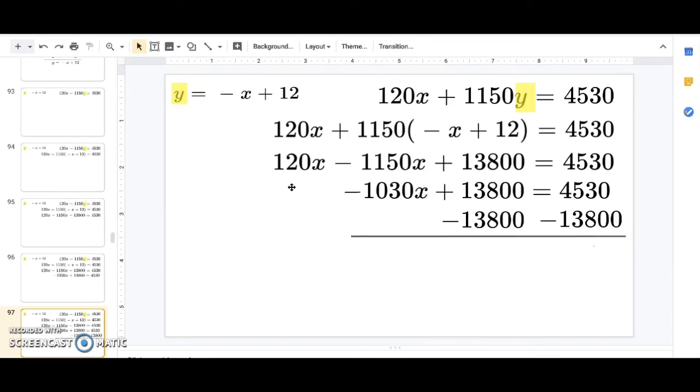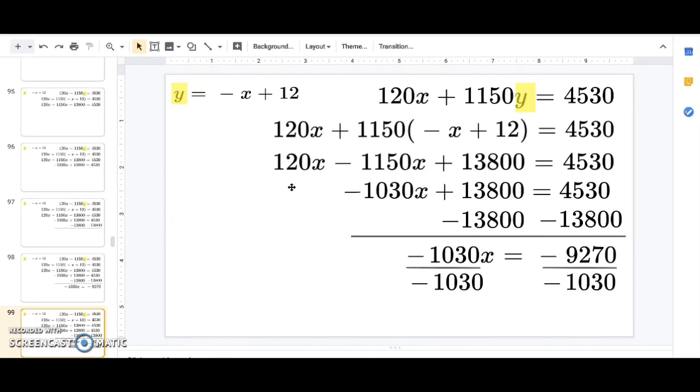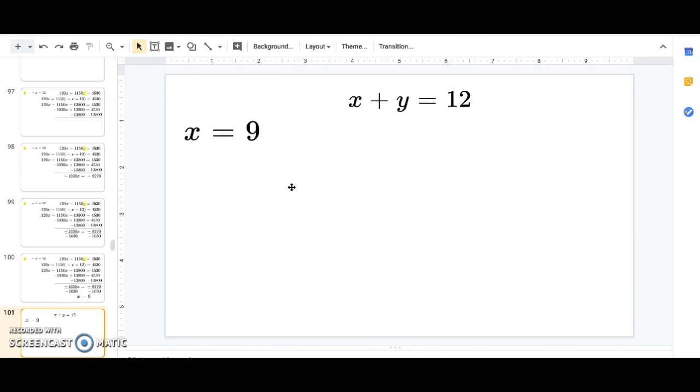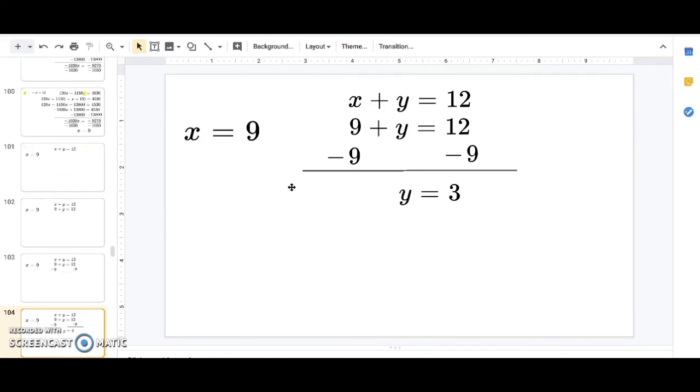Subtract 13,800 from both sides, and I'll get negative 1,030x equals negative 9,270. Divide both sides by negative 1,030, and I'll get 9 for x. So now I need to substitute the 9 back in to find y. So x is 9, then I would subtract 9 from both sides, and I'll get y is 3.